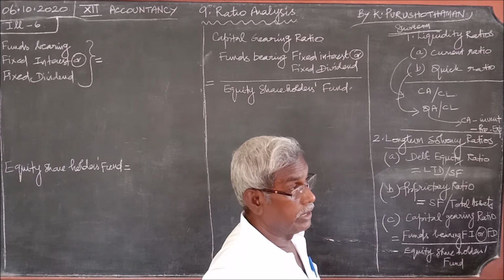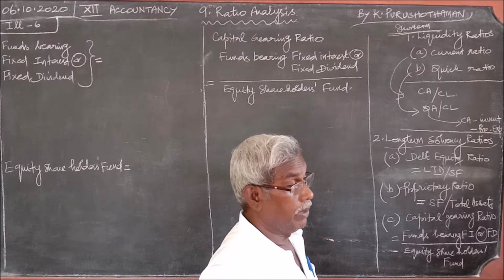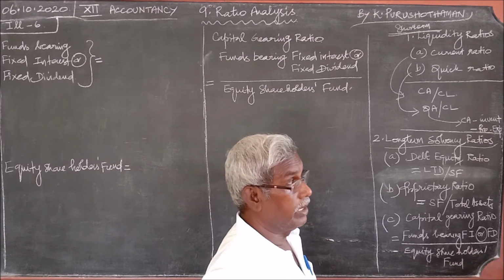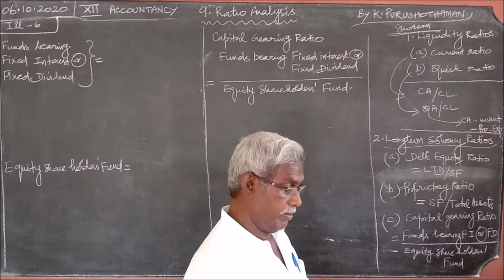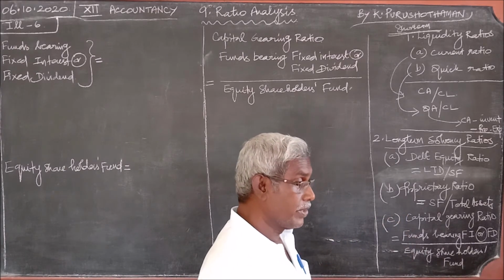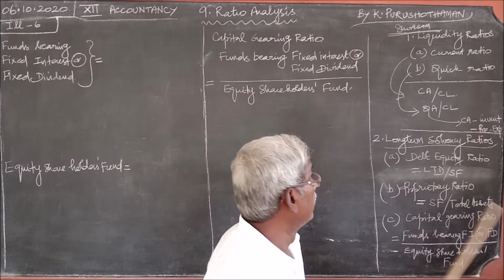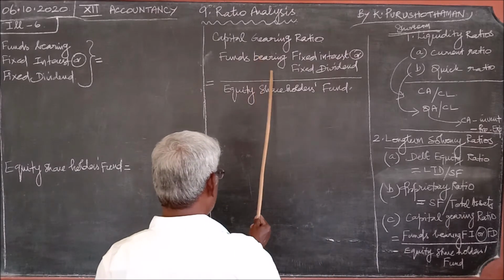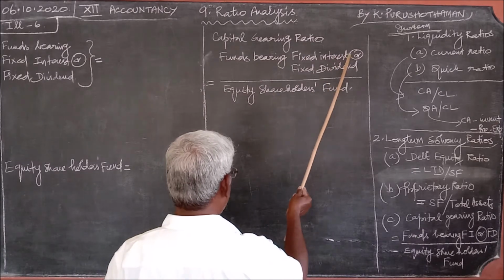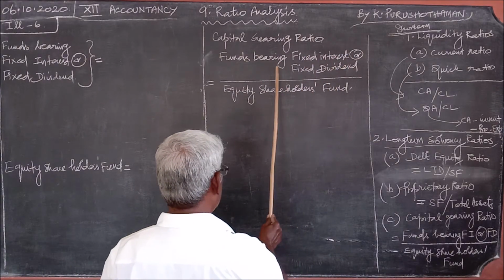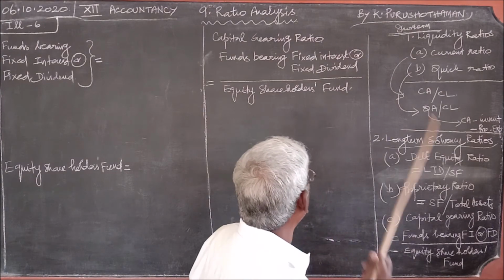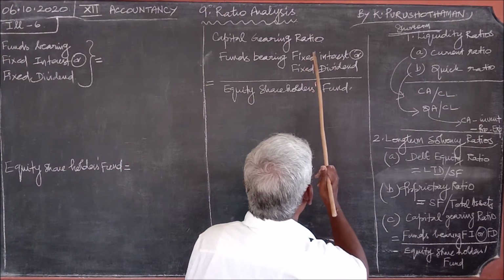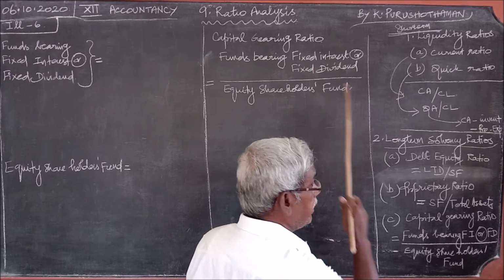What they give for the equity shareholders: if they earn more profit, they get more dividend. If they earn less profit, they get less. So it varies. So here the meaning of funds bearing fixed interest, in the sense, what type of shares can we take? Fixed dividend, we will go there afterward. Funds bearing fixed dividend.